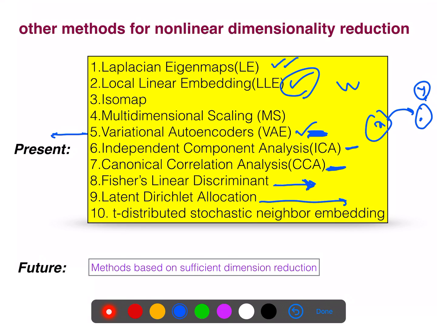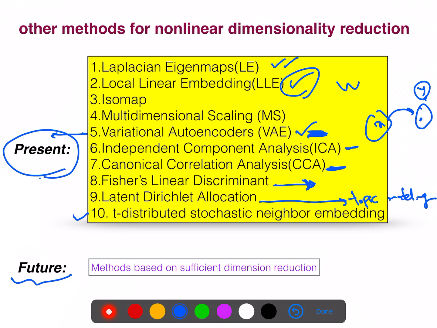I know there is a professor at a university in New York, I don't remember which, but he used it for topic modeling and NLP. And the other method is t-distributed stochastic neighbor embedding, the last one. And these are the present methods; of course, the origins of them are from 2000, some of them even 1964, but the future direction is based on something like sufficient dimension reduction.